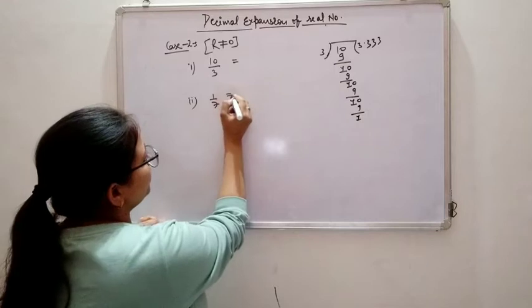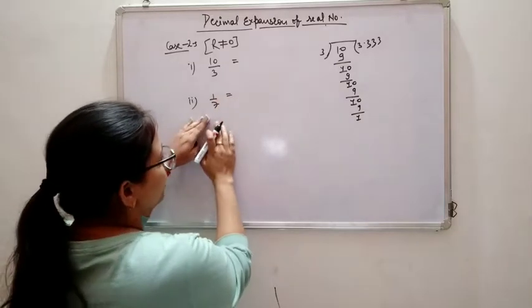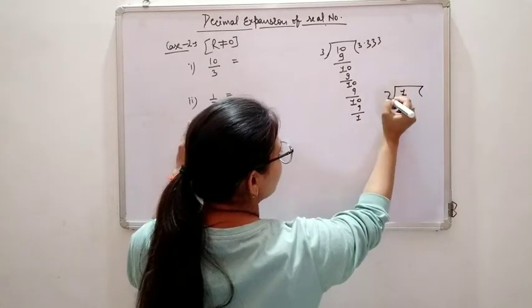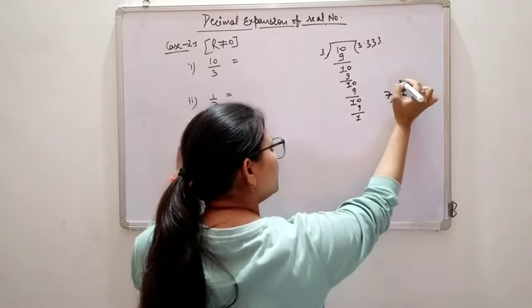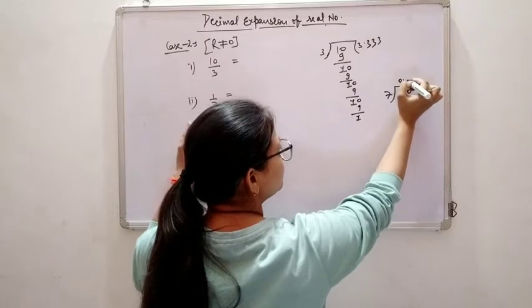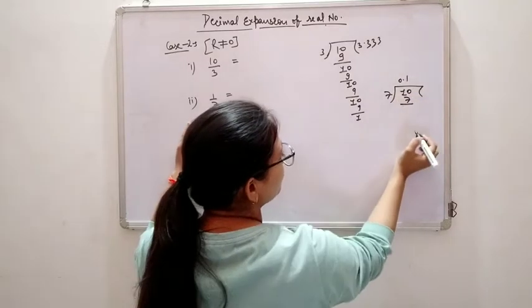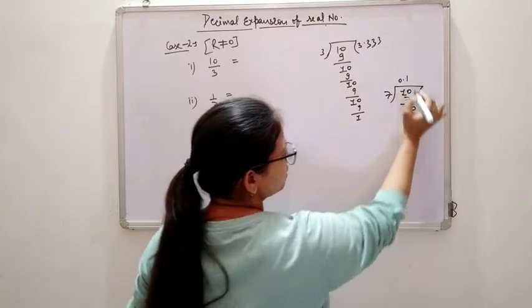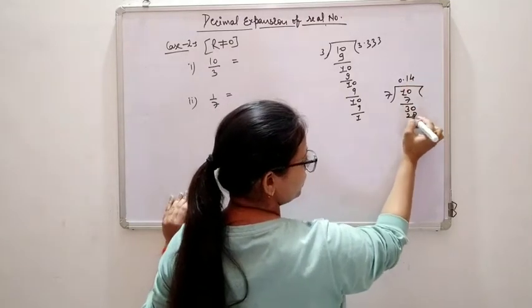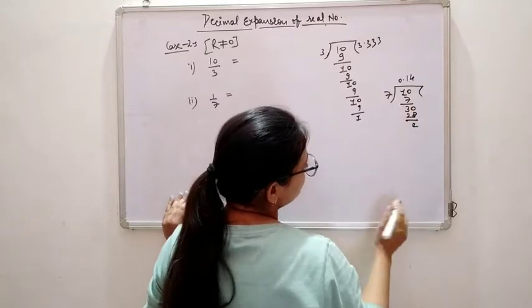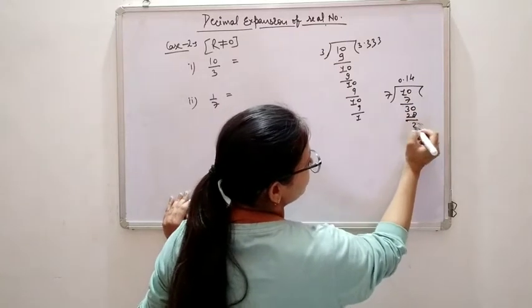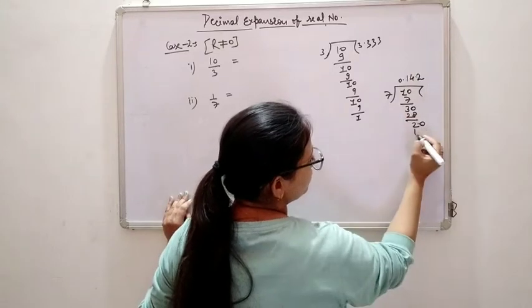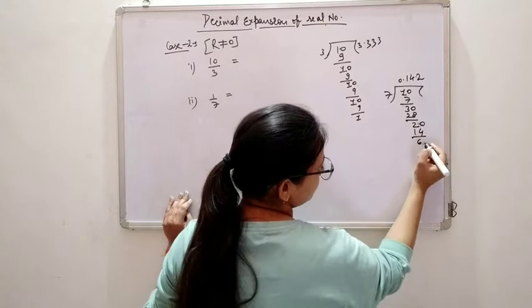Now let's find the decimal expansion of 1 upon 7. It will be like 0.1, 4, 28. The remainder will be 2, now 2 times, the remainder will be 6.